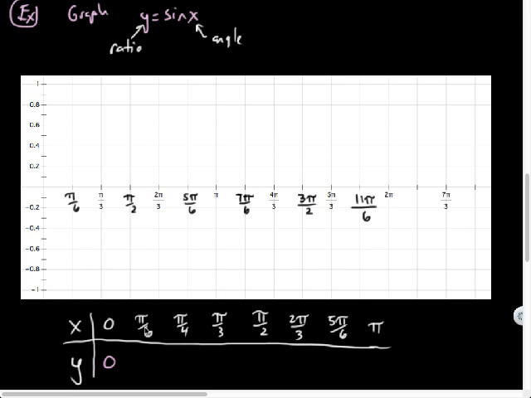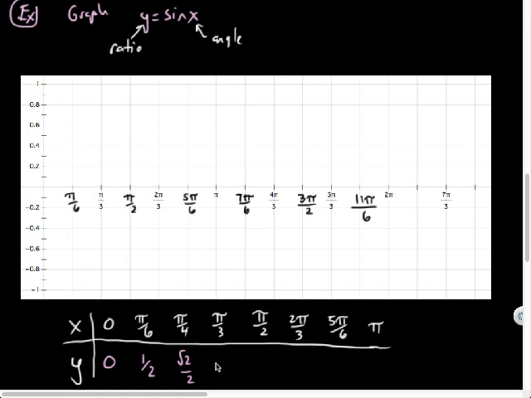Pi over 6, that's the same as my 30-degree finger, so this is going to be 1/2. Pi over 4, that's the same as 45 degrees, and that's going to be the square root of 2 over 2. Pi over 3 is the same as 60 degrees.